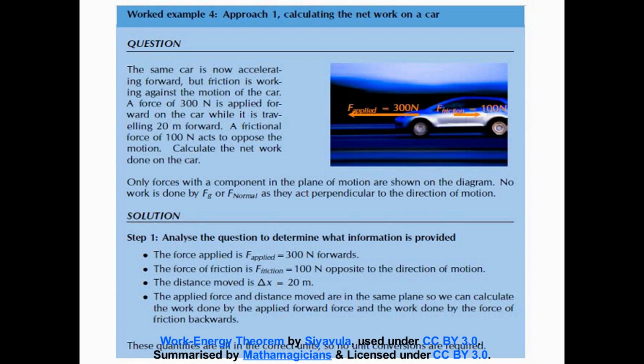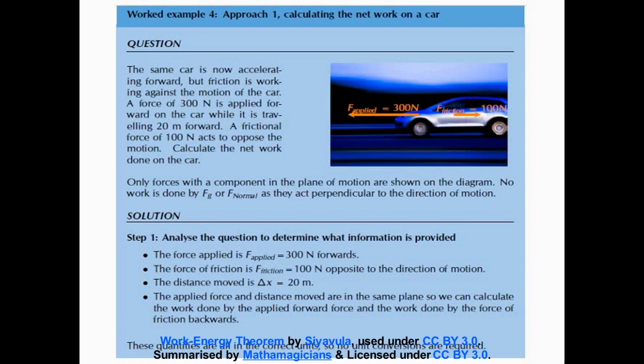Okay, so let's have a look at worked example 4 from the Sciavula textbook. All right. So approach 1, calculating the net work on a car. The same car is now accelerating forward, but friction is working against the motion of the car. A force of 300 newtons is applied forward on the car while it's traveling 20 meters forward.